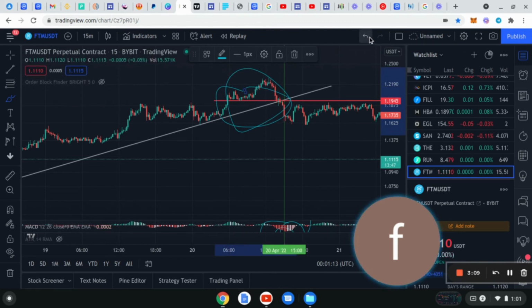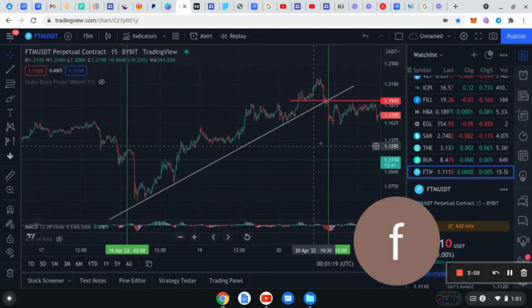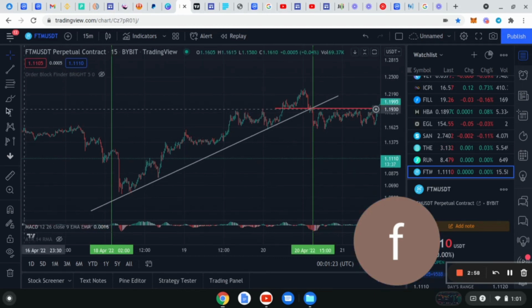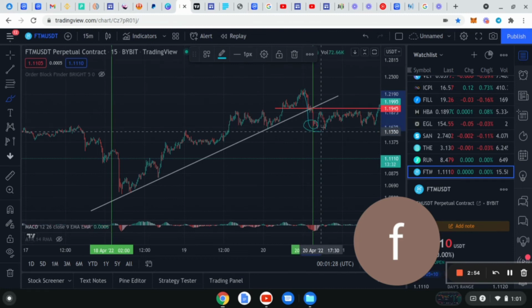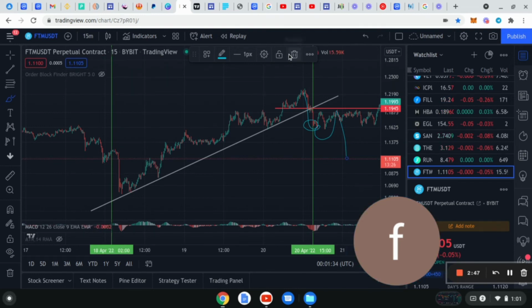So after all that, all I just did was wait for price to counter trend this trade, which is, I was just waiting for price to actually break this recent low, retest it, and head down further. Simple, nothing much, not a complicated strategy.